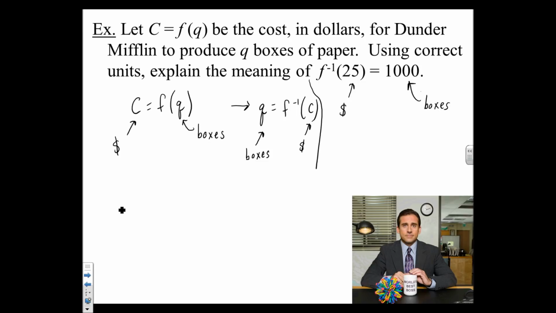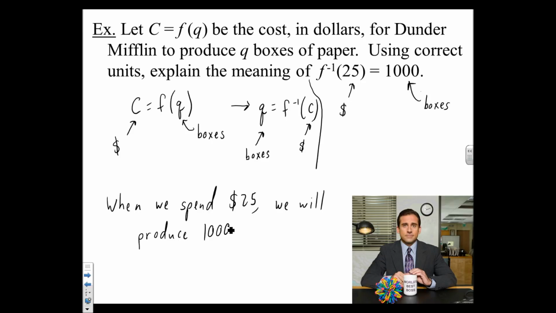So how about we say, when we spend $25. So I'm starting off by saying, what are we talking about? At what point in this process are we talking about? It's the point where we spend $25. When we spend $25, we will produce 1,000 boxes.